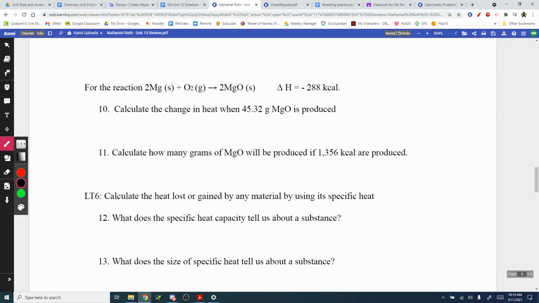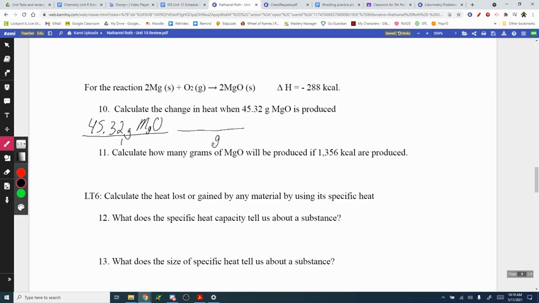Okay, cool. All right, so next, calculate the change in heat when 45.32 grams of magnesium oxide is produced. So we do our given, 45.32 grams of MgO for 1.